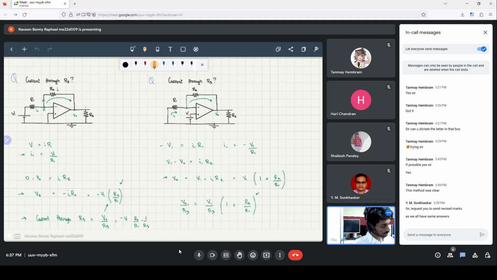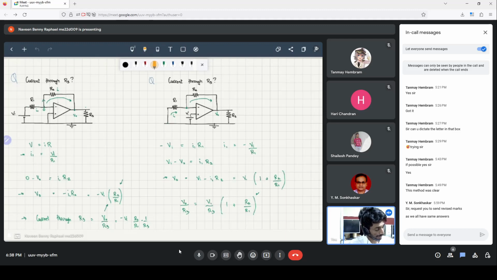So, for this particular question, since the plus input of the op amp, the non-inverting input, is grounded, that means the inverting input of the op amp has a virtual voltage of 0. With that information, we solve the rest of the circuit. Given that the potential at this point is 0, the current through R1 is equal to VI by R1.